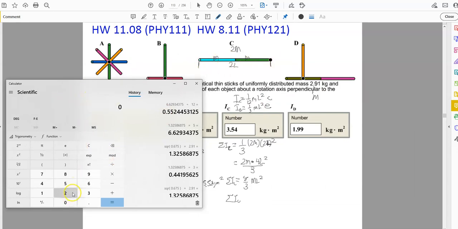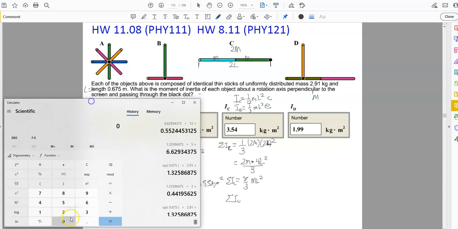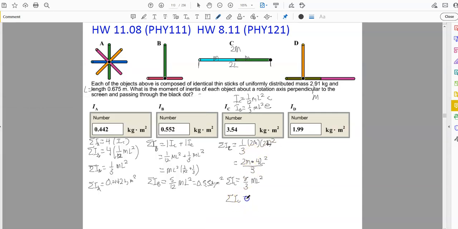So that is 0.675 squared times 2.91, times 8, divided by 3, which equals 3.54 kilograms meters squared.